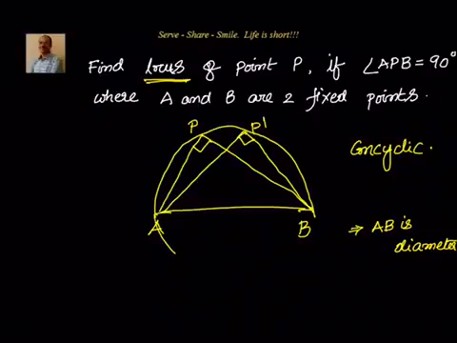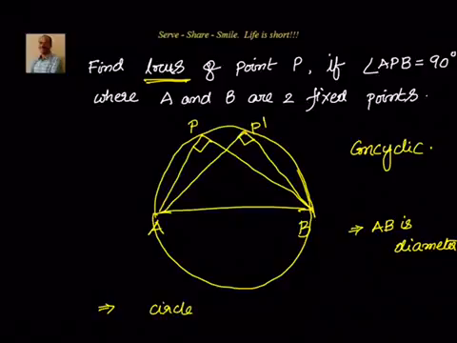The locus will be nothing but a circle. So we will say that the locus is a circle with AB as diameter. This is one way we can prove it.